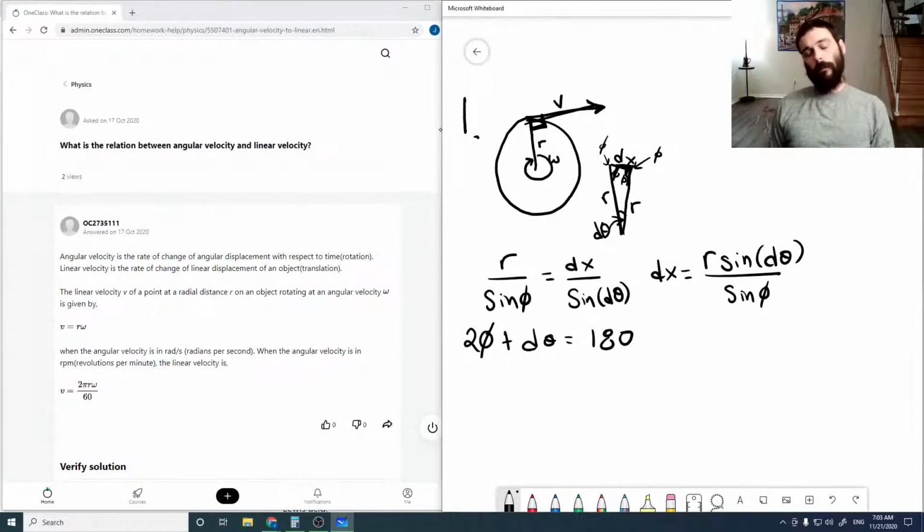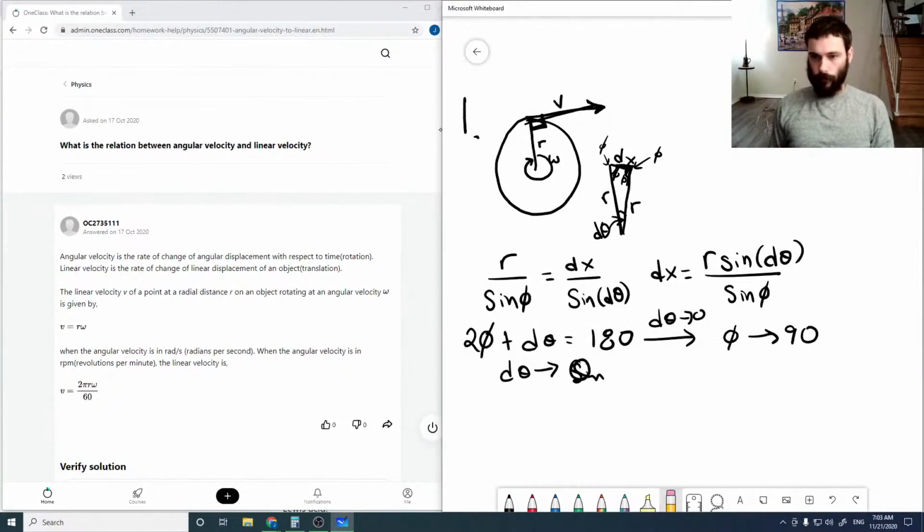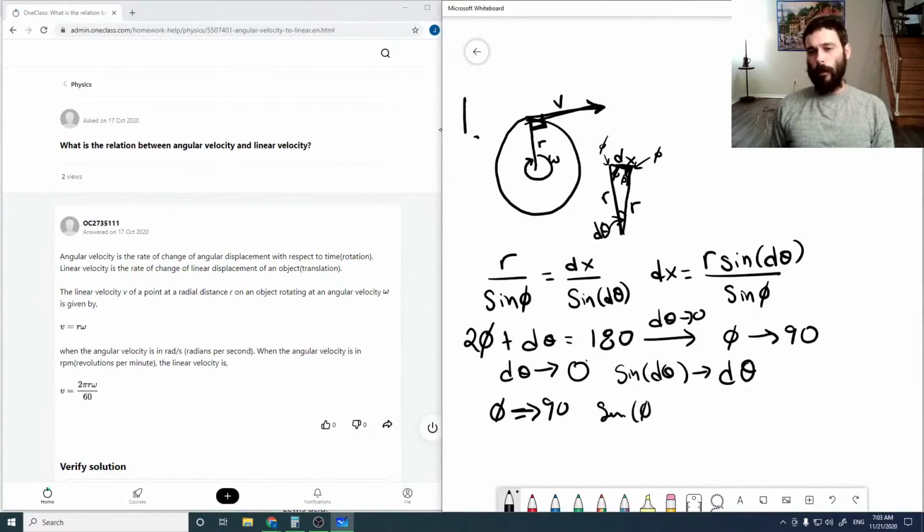And so now if we take the limit as d theta goes to 0, then phi goes to 90 degrees. So in our dx expression, as d theta goes to 0, sine d theta goes to d theta, and as phi goes to 90, sine phi goes to 1.